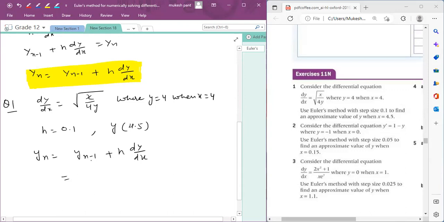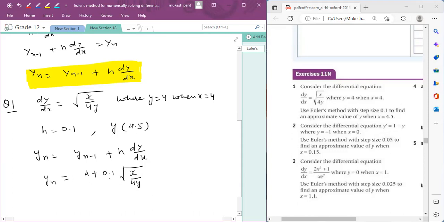It means the beginning term. So here you can see this is the 4, right? Understanding? It means we are starting from 4. Okay. Plus h is 0.1, and dy over dx equals square root x over 4y.